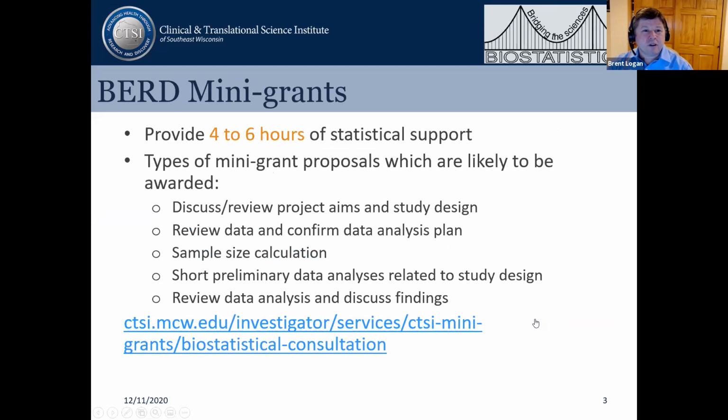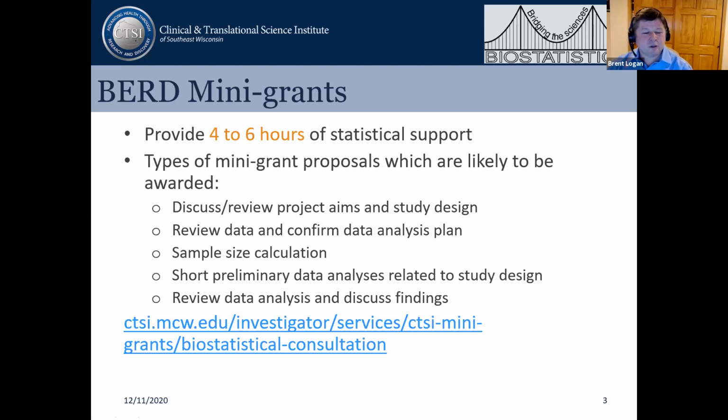We provide 4 to 6 hour mini grants of statistical support. The types of proposals that are typically supported include a discussion and review of project aims and study design, review of data and confirmation of data analysis plans, help with sample size calculation or power calculations, some small preliminary data analyses related to study design and study development, as well as reviewing data analysis and discussing findings.